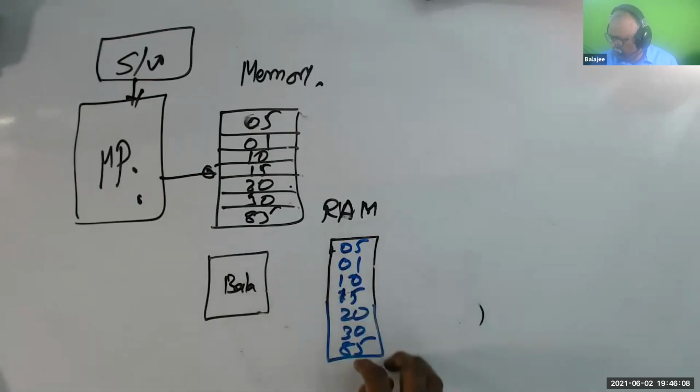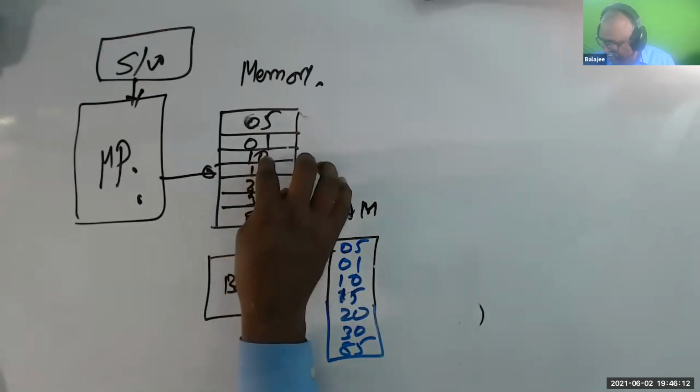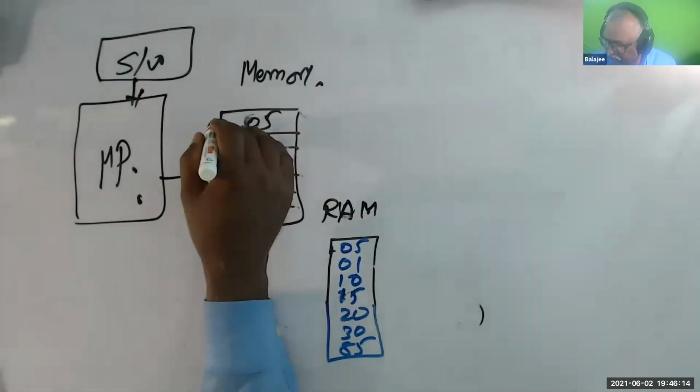Now 7 bytes are there, as we discussed. Oh, I forgot to put the length here. Sorry, add a length. Forget about it.